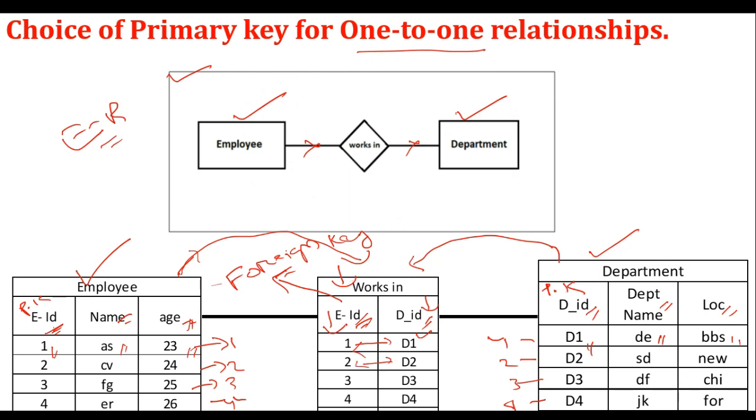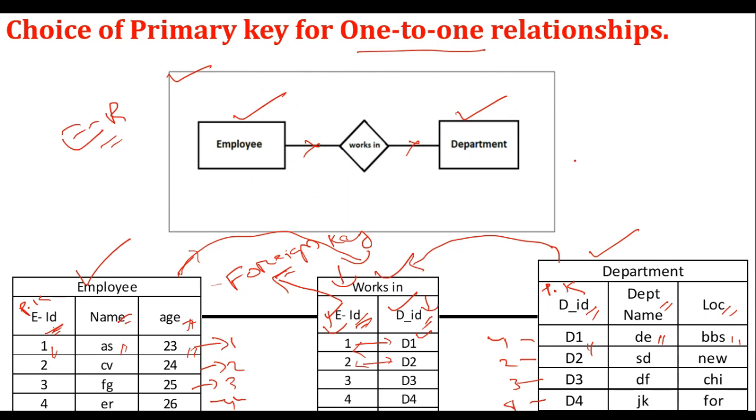What is the primary key over here? We can take any attribute as our primary key. We can consider employee ID as our primary key in this relation, or we can consider department ID. So in a one-to-one relationship set with two entity sets, we can take the primary key for the relationship from either of the entity sets that constitute the relationship.